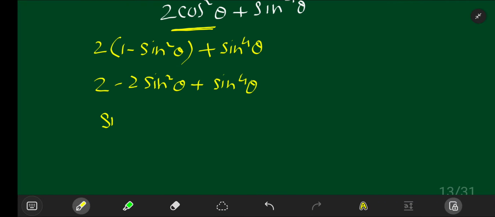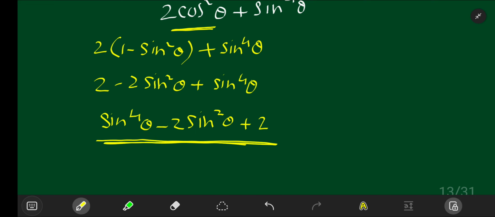Let me write it like this: sine power 4 theta minus 2 sine square theta plus 2. No changes were done here, don't be afraid.